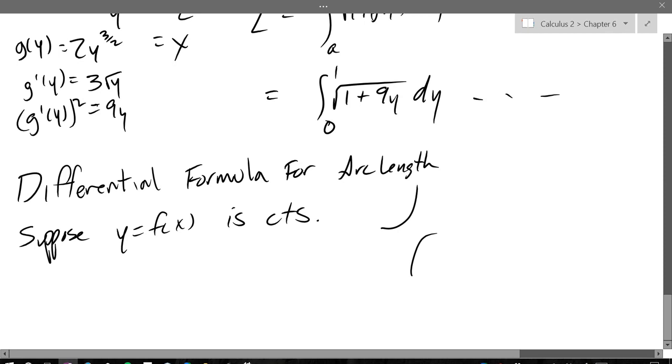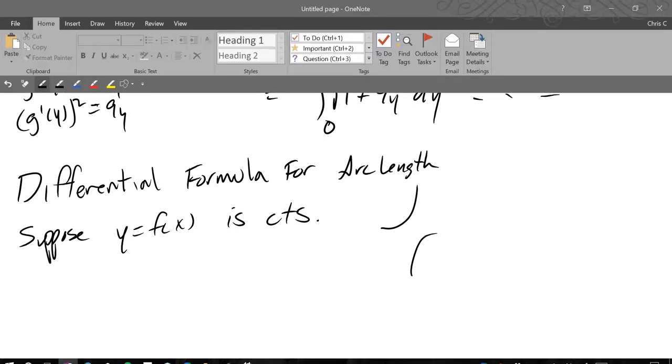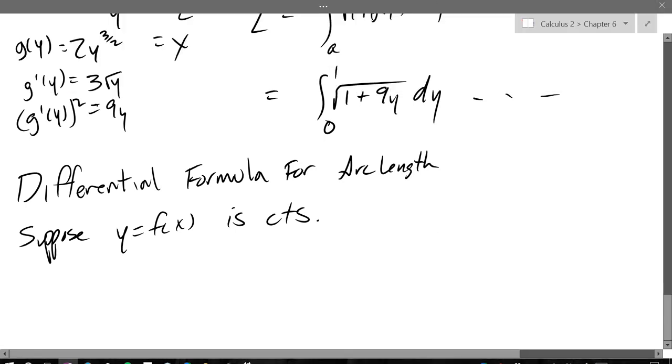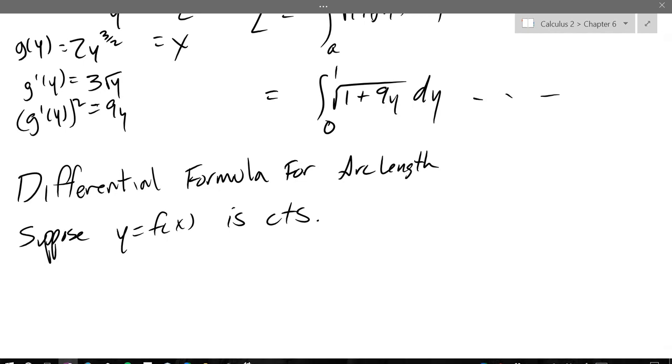So continuous for us really just means there are no jumps in the graph, no vertical asymptotes we're going to integrate across. If your function is not continuous and you still want an arc length, you would break it up into sections that were continuous, measure each of them individually, and add them all together. That's how you would handle a non-continuous function. If there are 3 pieces, you add up all the lengths of the 3 pieces.